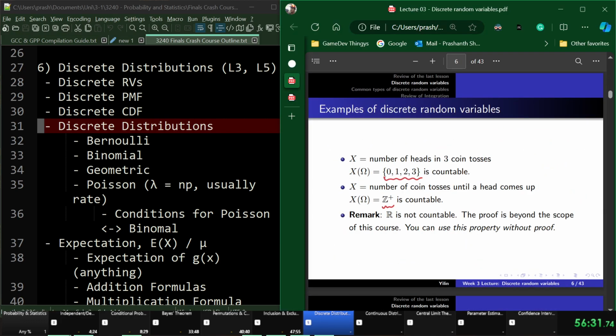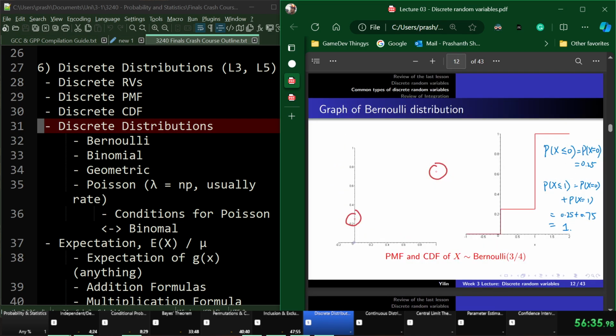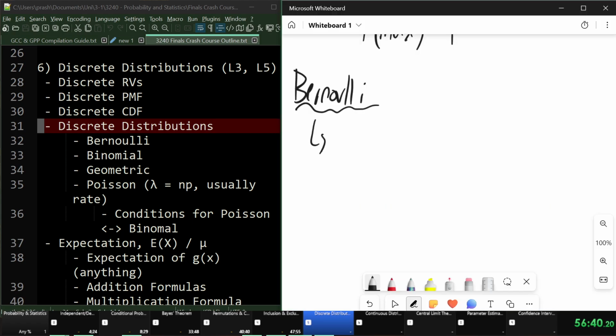I'll just double check to make sure I'm not spouting nonsense. Yes, so a Bernoulli trial is like flipping a potentially biased, maybe not, coin once. You flip a coin once. So it could be biased, it could not be biased.